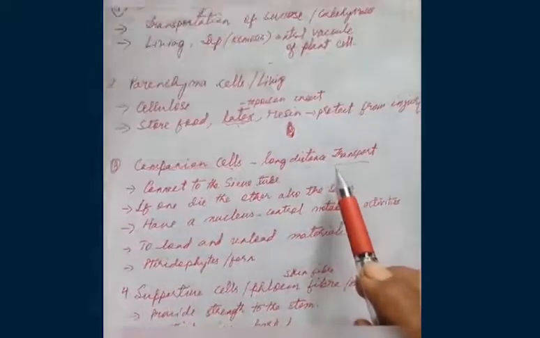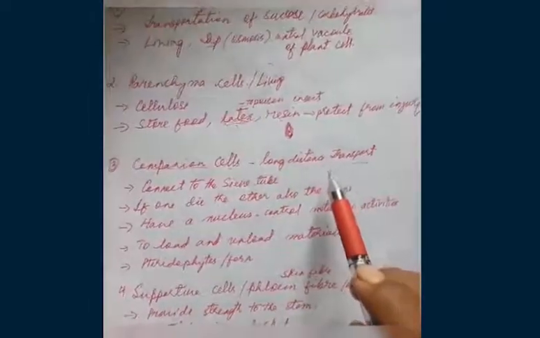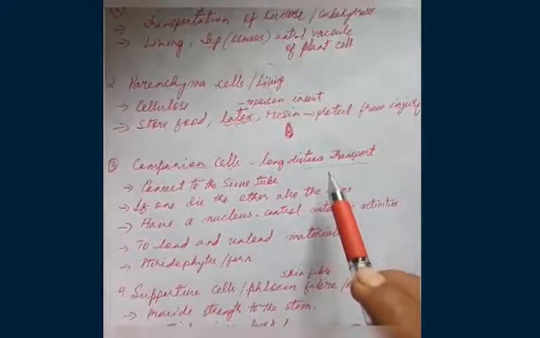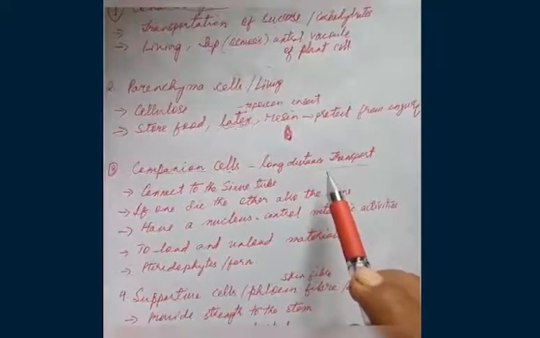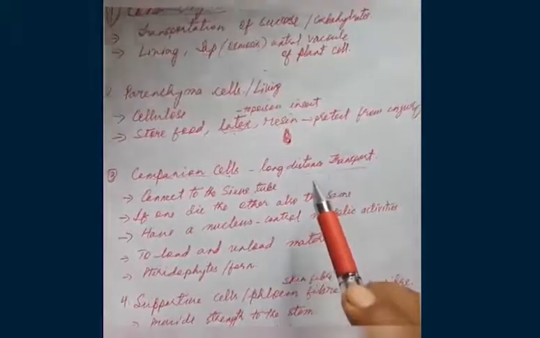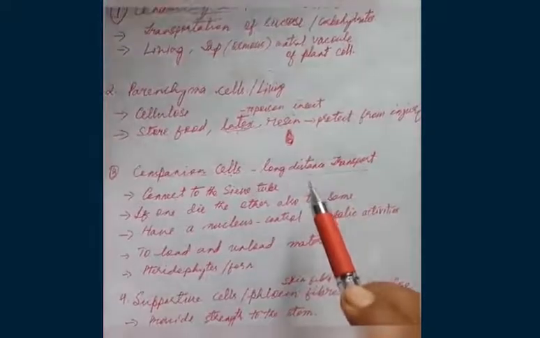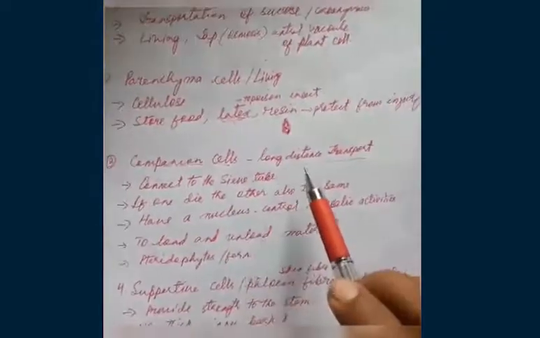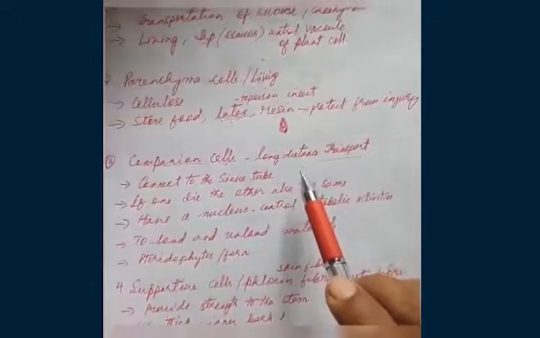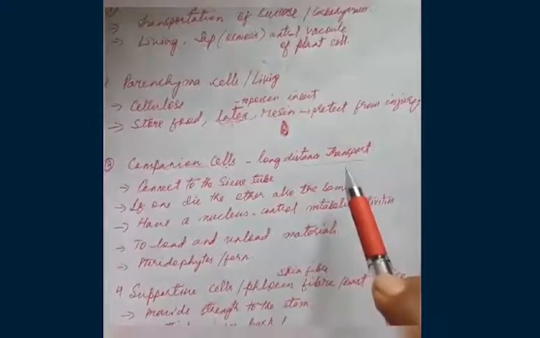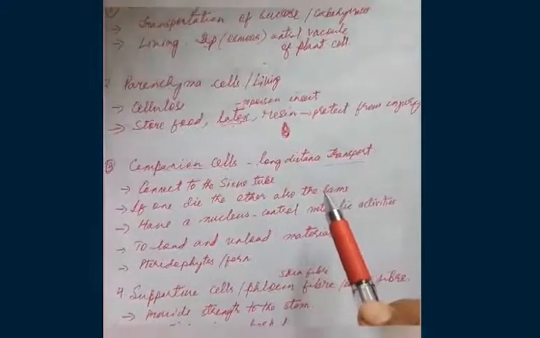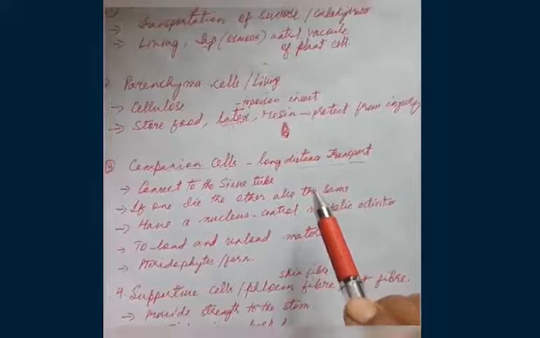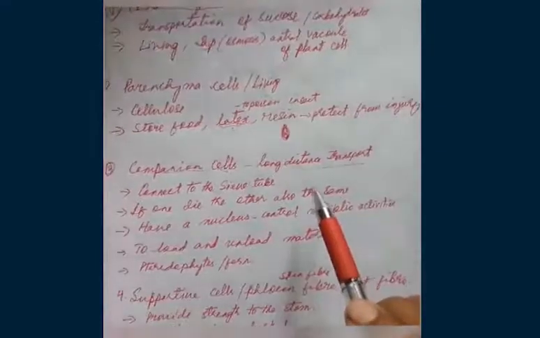That means, let's say the height of the tree is around 60 meters, 30 meters, it is difficult for the process of osmosis. So with the help of these companion cells, it helps to transport the food over longer distances from the roots to the tip of the trees, or the apex.